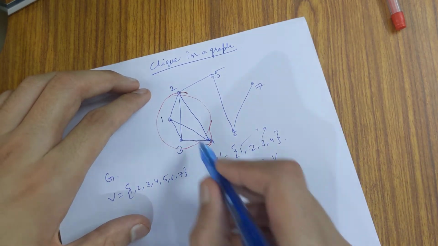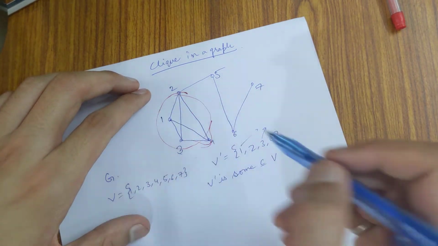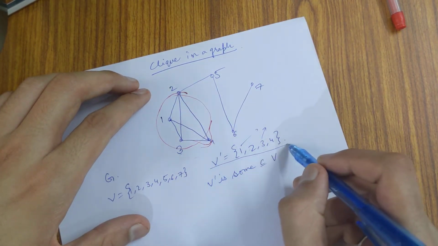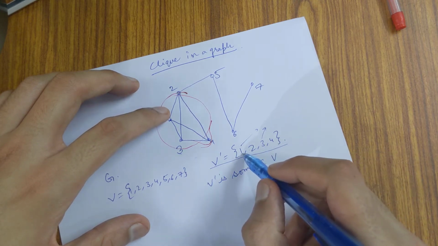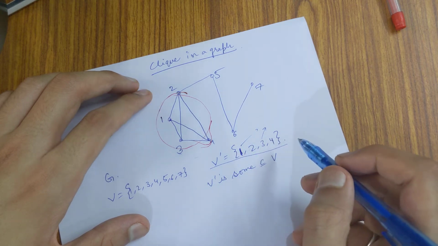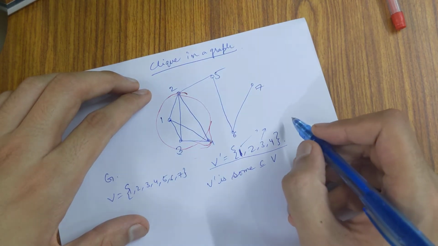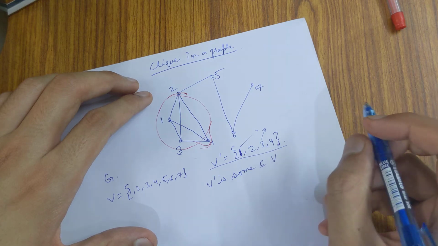So this particular induced subgraph, a vertex induced subgraph, which has a subset of vertices and all the edges joining these vertices, is a complete graph. A complete graph is one in which any two vertices of the graph are adjacent.